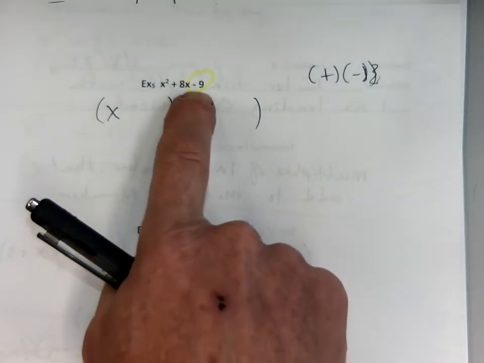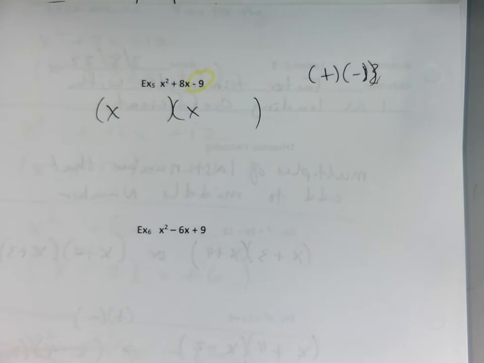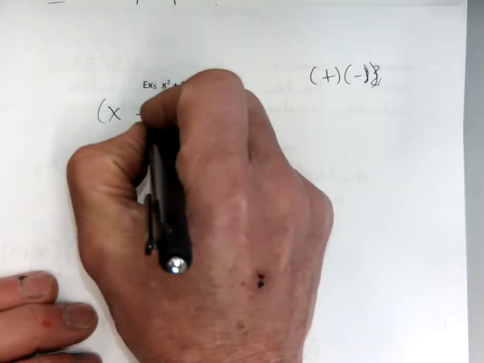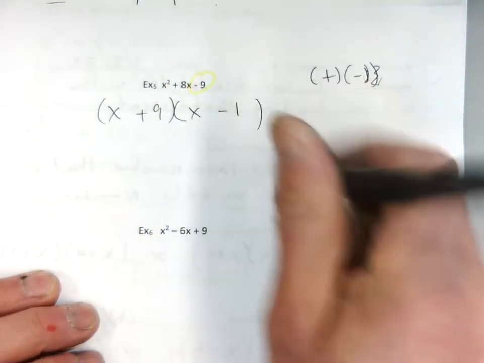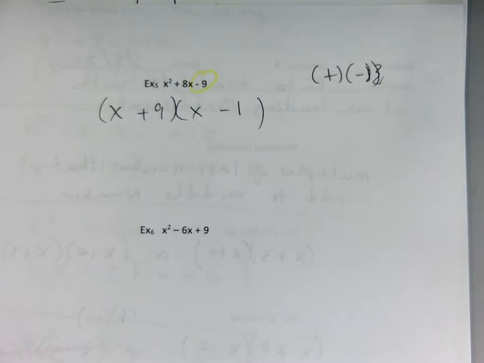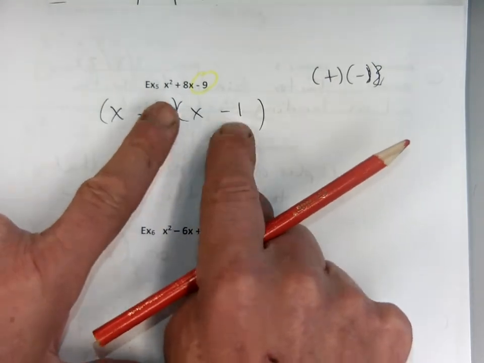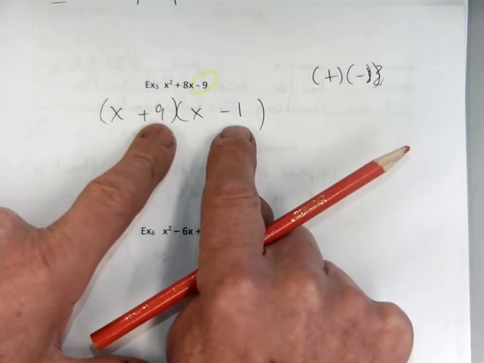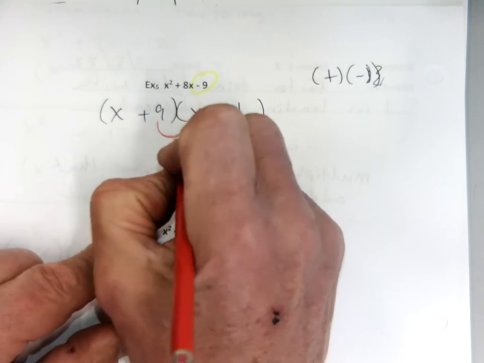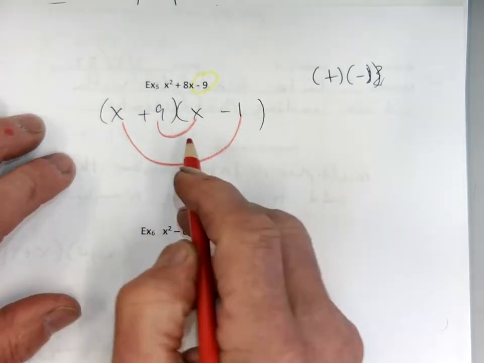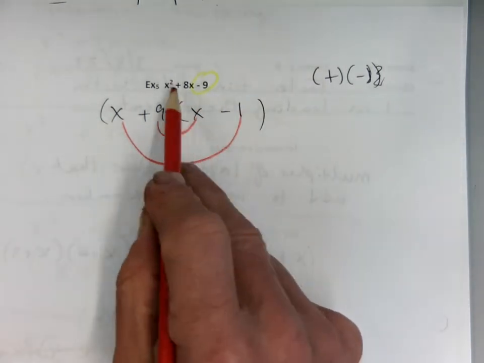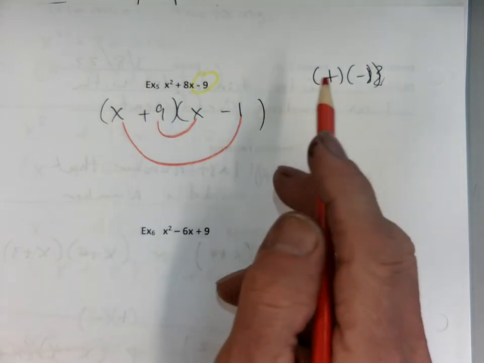So what times what makes negative 9? Let's go positive 9, negative 1. Nice job, Gretchen. So let's see why she's right. So I do know I get the negative 9 when I multiply. But if I do my double smiley, I get a positive 9, negative 1 makes my positive 8. Good job, Gretchen.